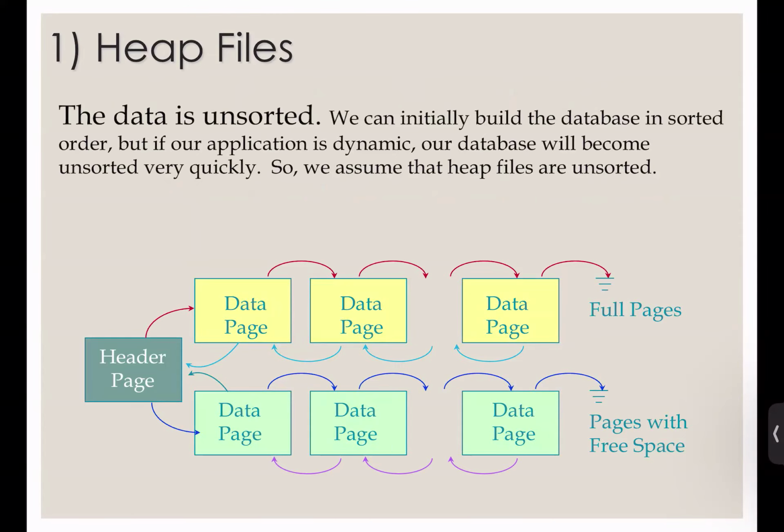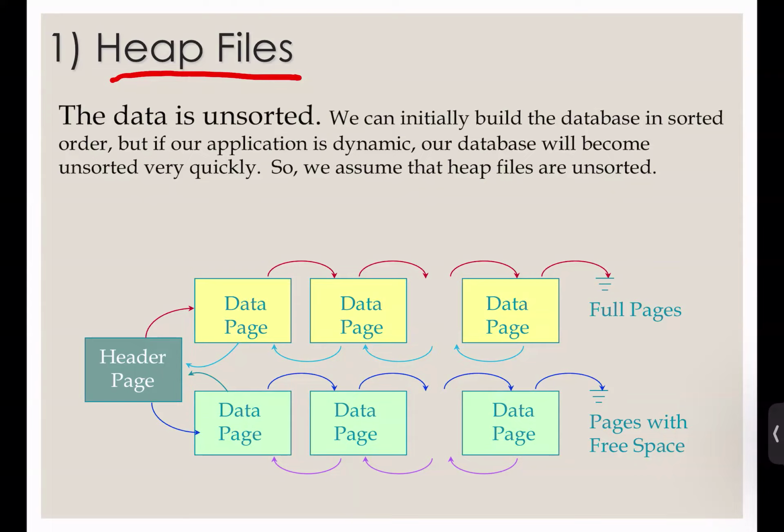We also have to look at how the data is organized. If the data is unsorted, we call it a heap file. We talked about the word heap last time: it's not the same heap that you did in the data structure class. A heap file is just an unsorted file.